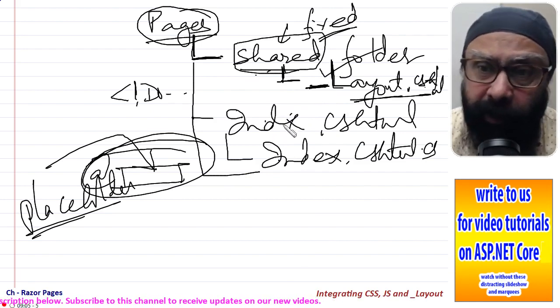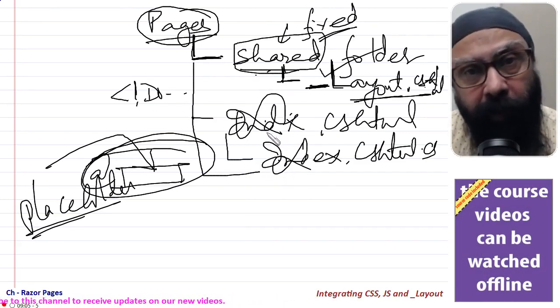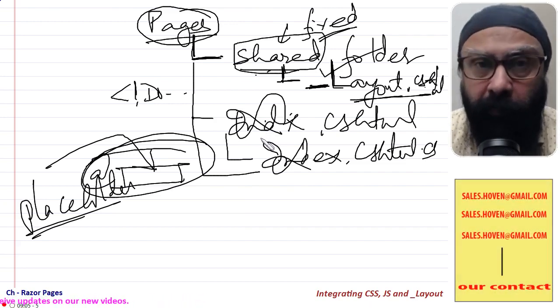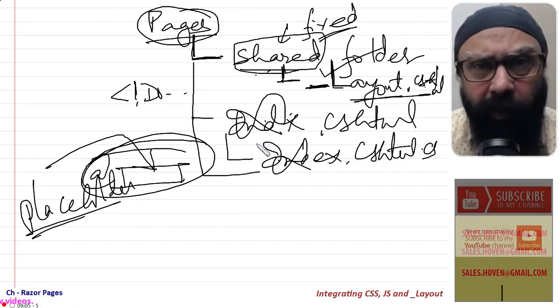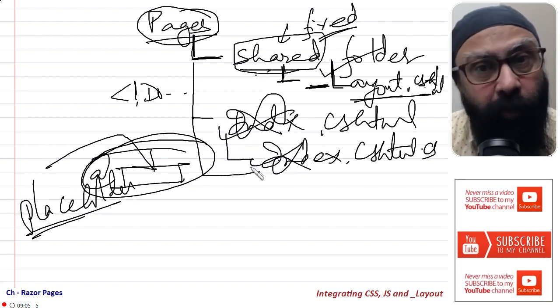Now how does this page know which layout file is attached, in which layout file it has to go? Maybe you have a very good website where page to page layout varies. It is also possible. So how does this know which layout is attached to this?